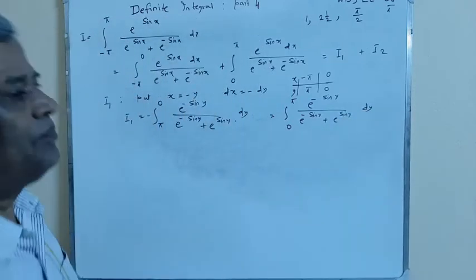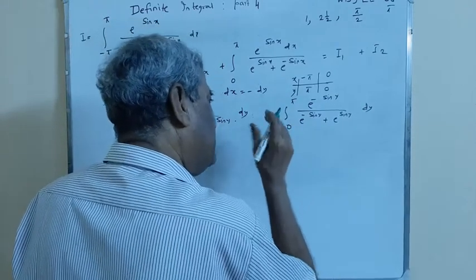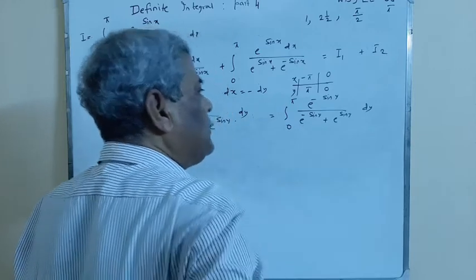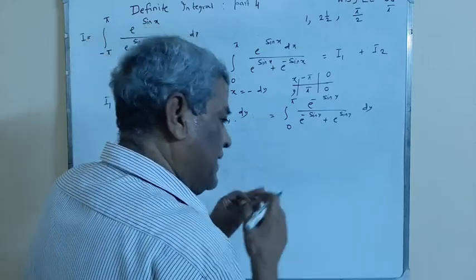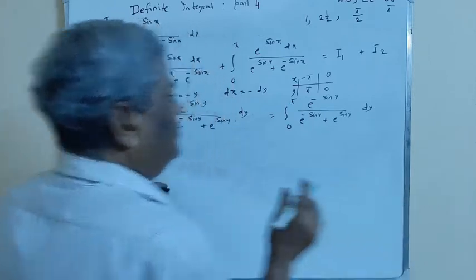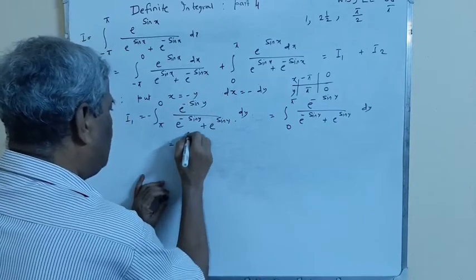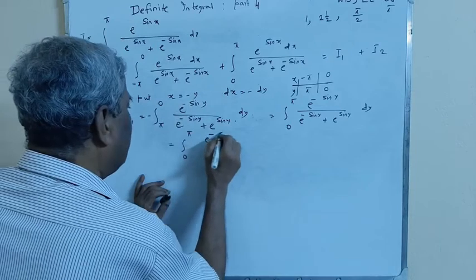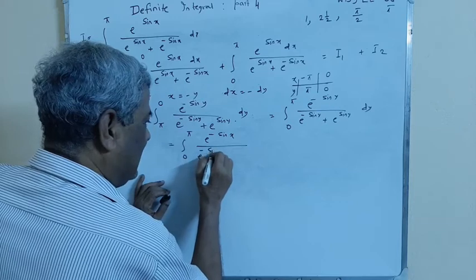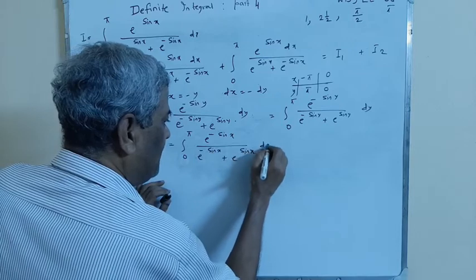Now in any definite integral, taking the limits unchanged and functional values unchanged, we can take x instead of y. That is, we can change variable. So it becomes 0 to pi e to the power minus sine x by e to the power minus sine x plus e to the power sine x dx.